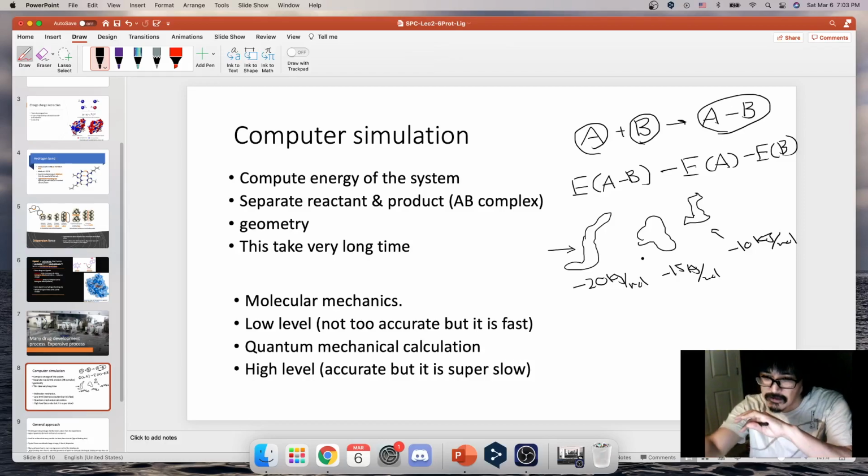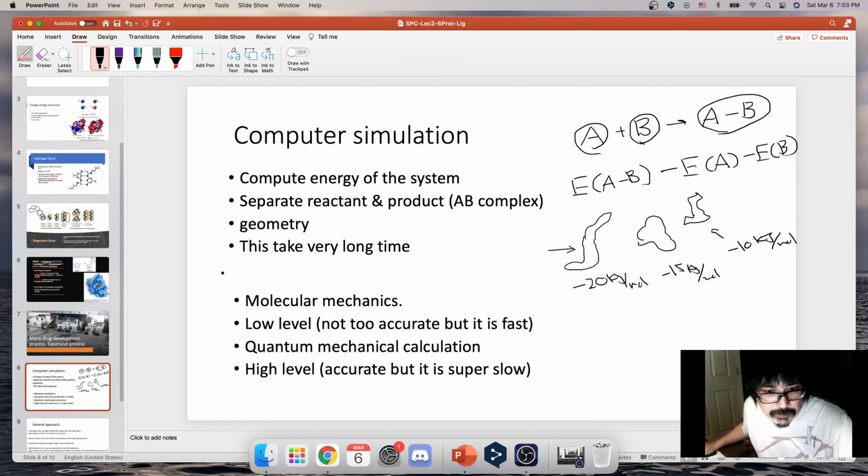And then next you rotate the CC bond again, and each time you rotate like 120 degrees or 60 degrees, you may have different structures, right? So it's like 3 to the, anyway, it's lots of structures that you can calculate. So computing all of those may take a very long time.